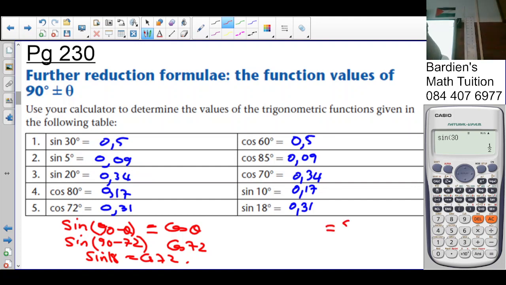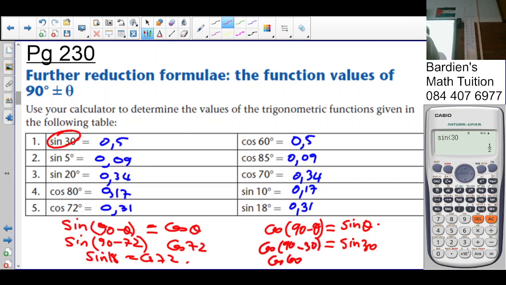We're going to end up with sine of theta. It's going to be the same as cos of 90 minus theta. We can check. We ended up with sine 30. Sine 30 is the same as cos of 90 minus 30. What's 90 minus 30? Cos 60. So cos 60 is the same as sine 30.